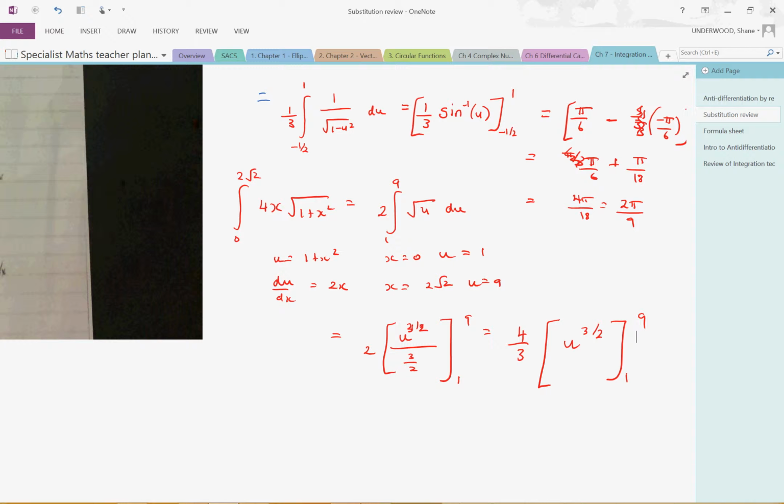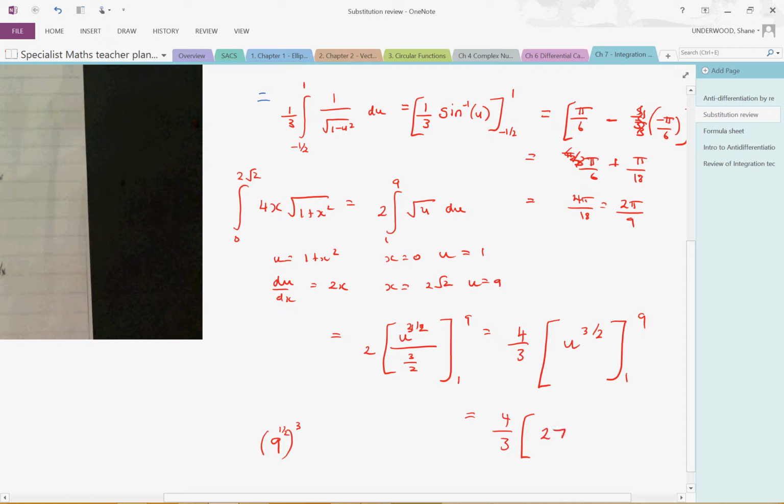Yep. Okay, so let's go. Well, I guess if we're doing this without a calculator, 9 to the power of 3 on 2, the square root of 9, that's the same as 9 to the power of a half, if you like, cubed. So the square root of 9 cubed is 27.